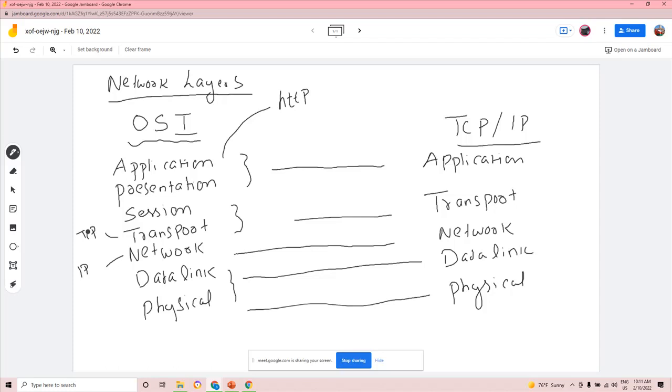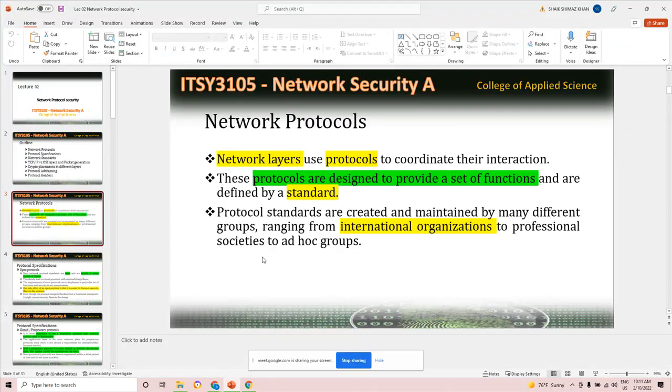So we have many protocols, and each protocol does some specific functions. These protocols are defined using a standard, meaning a set of rules, and these standards are given by some international organizations. That is what is given in slide number 1.